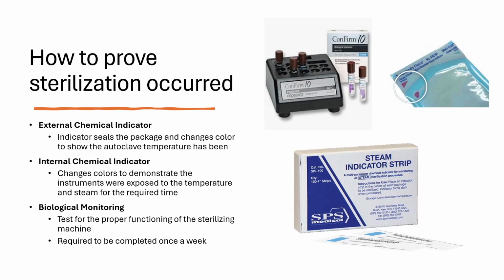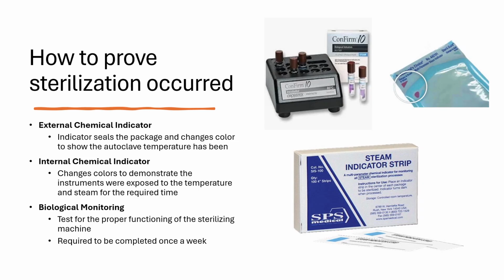The other way that we prove sterilization is through biological monitoring. There are two ways that this can happen. One is through the steam indicator strip. If you look at the picture, it's that rectangular box, that white and blue box. How this works is that there are two sleeves. Well, they both have an active spore, but one of those goes in the sterilizer for a full cycle.